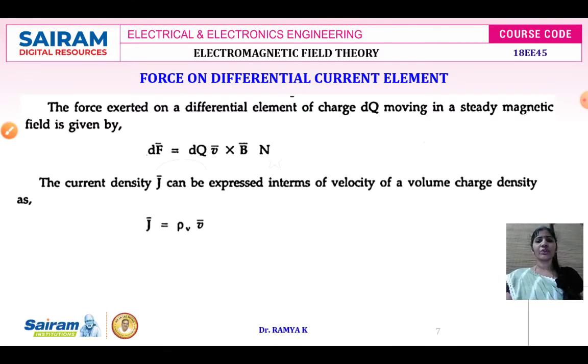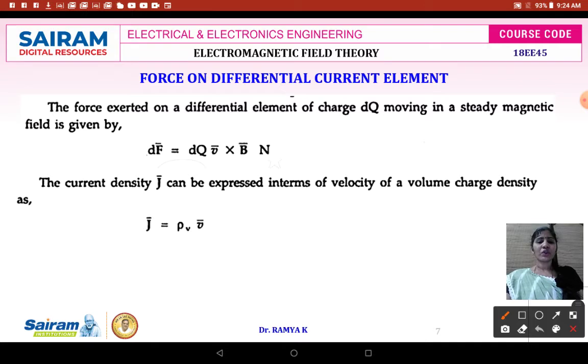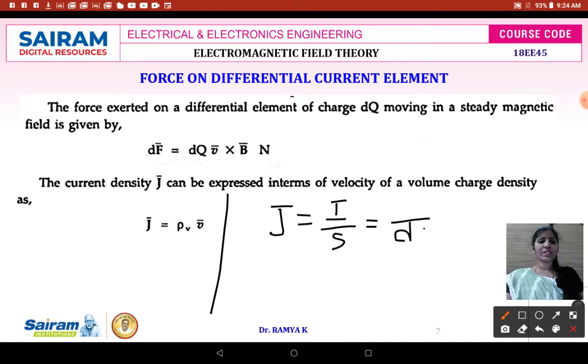Then we know that the current density J can be expressed in terms of velocity or the volume charge density. So we all know that J is your current density, which is defined as I divided by S. When you assume a differential surface area, the current will also be differential, and we all know that the current I is equal to dq divided by dt.